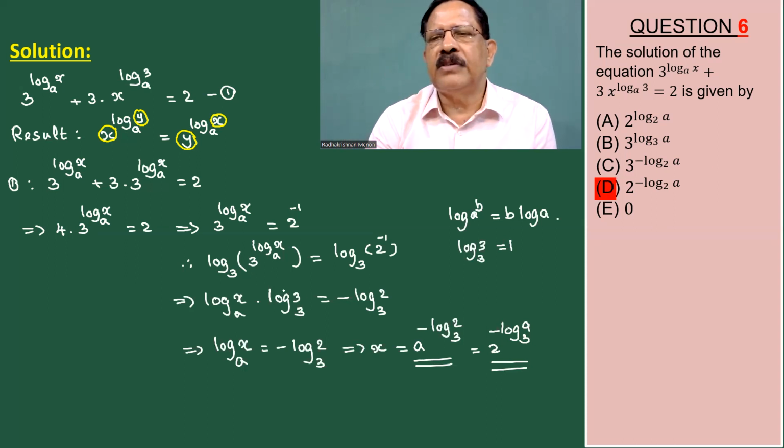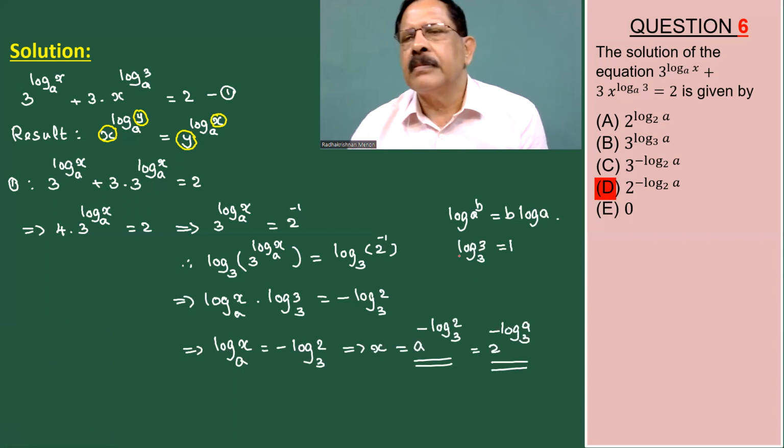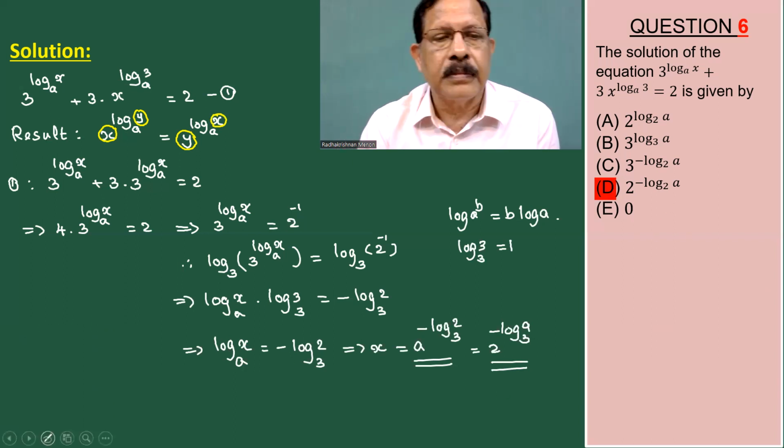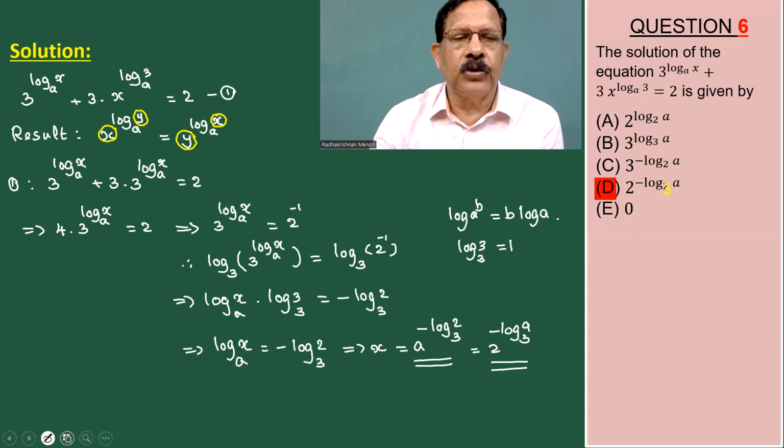Actually, it is log a to the base 3; there is a correction over here. Option D. That correction you should know.